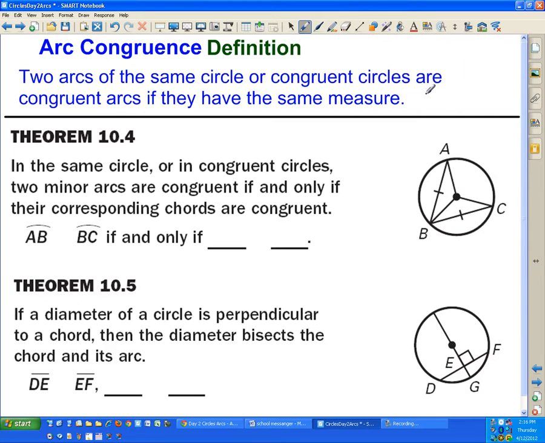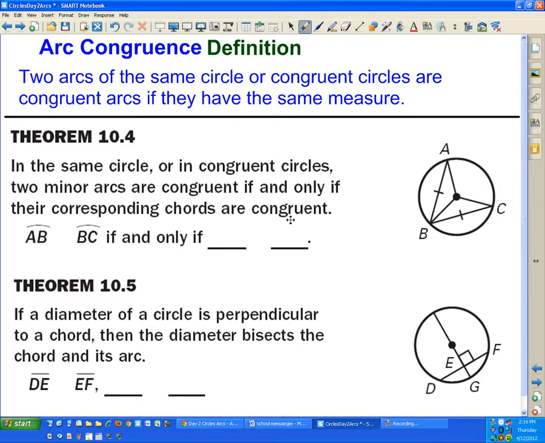Now, we have some theorems that go along with this, and they're about chords. And remember, chords are segments whose endpoints are on the circle, like AB and BC. So when we have chords, it gives us a little bit more information. It says, in the same circle or congruent circles, two minor arcs are congruent if and only if their corresponding chords are congruent.